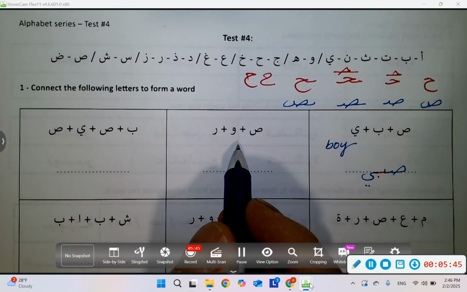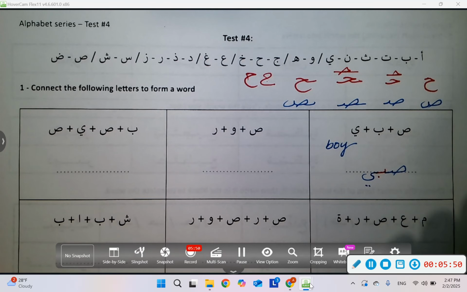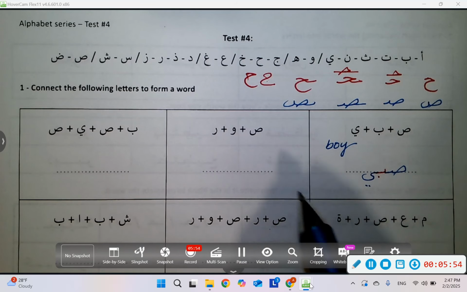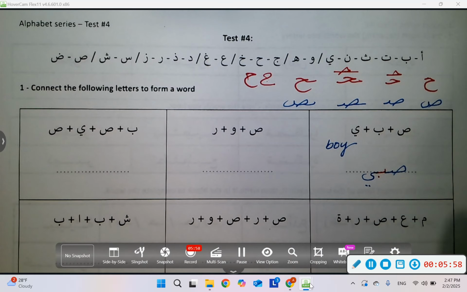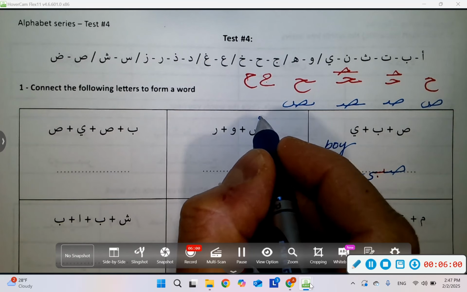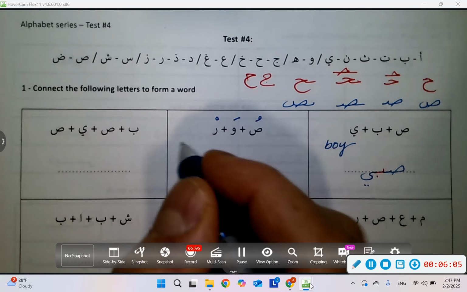Suwar, or it can be read Sur. Sur is a city in the South Lebanon, in the southern of Lebanon. So since we don't have harakat, you can't tell which one is which. So let's add harakat. Suwar. Now it's pictures.